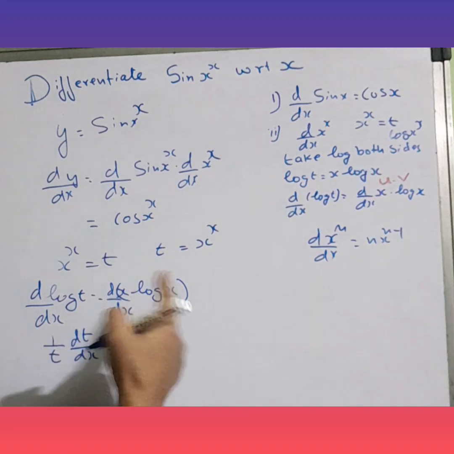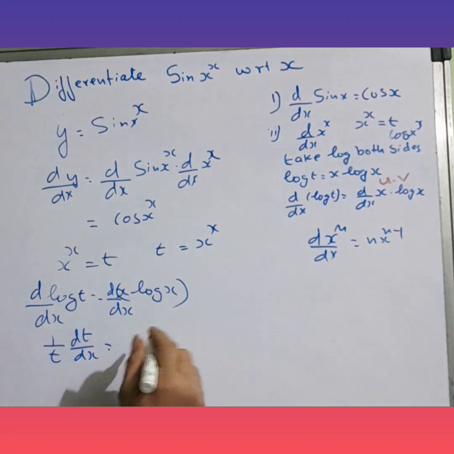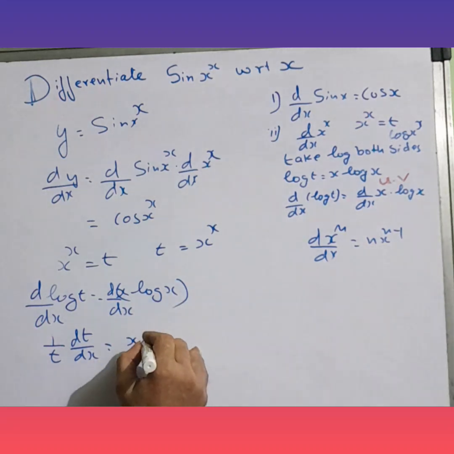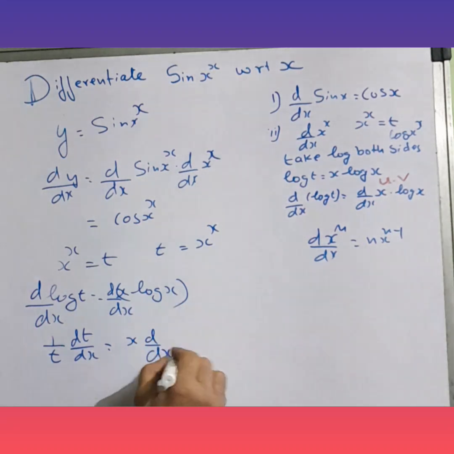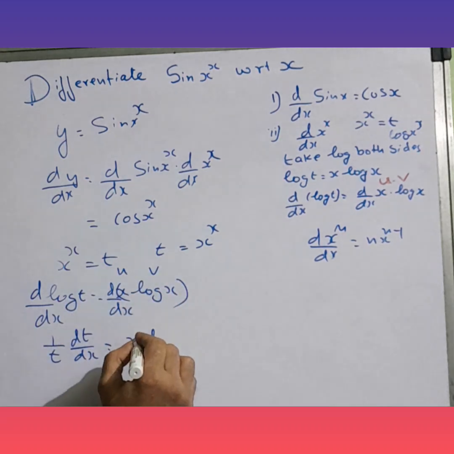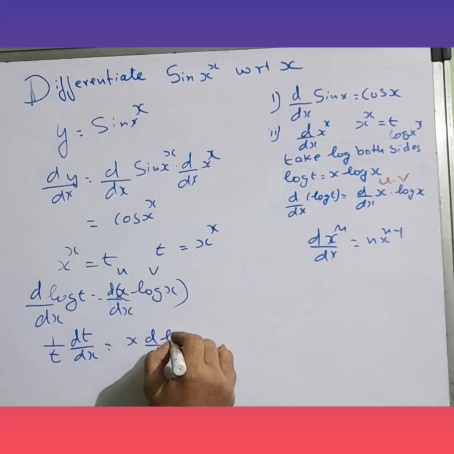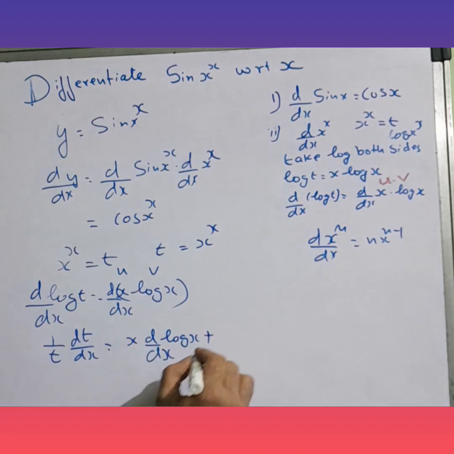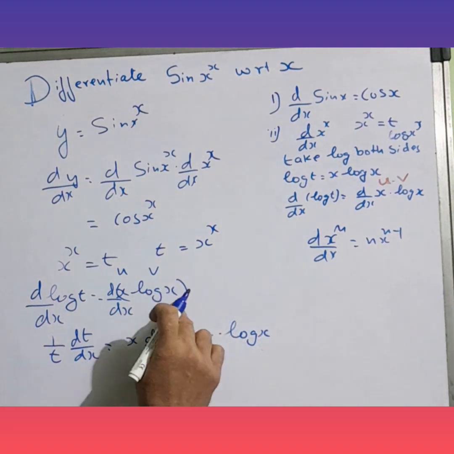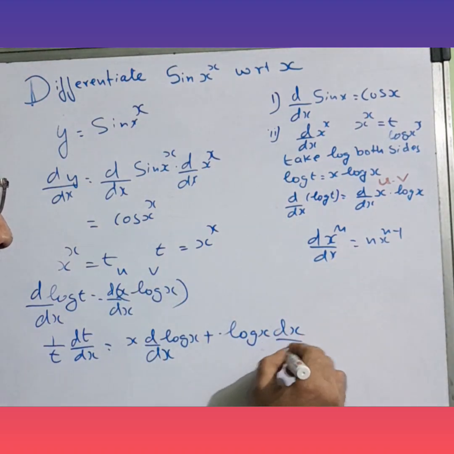And here it is u dv by dx plus v du by dx. I take this as u and this as v. So it is x d by dx of log x, plus log x d by dx of x, that is dx by dx.